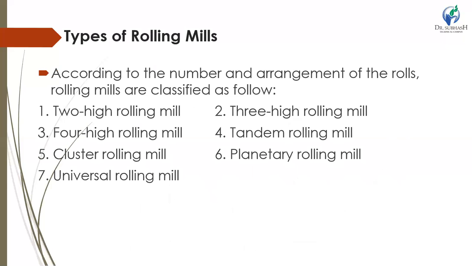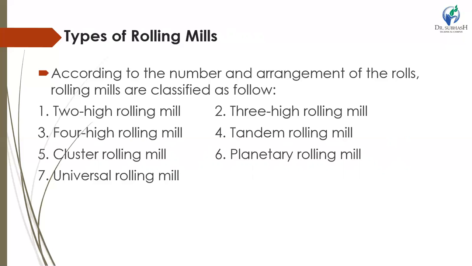Then types of rolling mill. According to the arrangement of rolls, rolling mills are classified as given below. First one is the two high rolling mill. Second one is the three high rolling mill. Third one is the four high rolling mill.